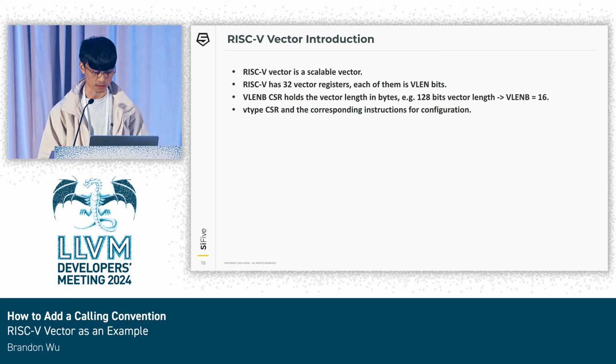There's also one CSR called vlenb in RISC-V Vector to hold the vector length in bytes. For example, if the vector length is 128 bits, vlenb would be 128 divided by 8, which is 16 bytes. And RISC-V has a vtype CSR for recording configurations such as element width, computation policy, and vector register group multiplier, etc.